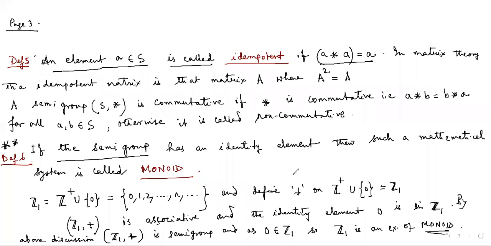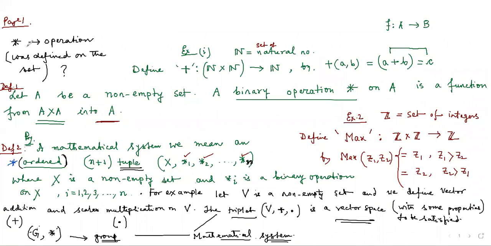So in today's class we have first learned what we mean by binary operation. Yesterday I called this binary relation. Relation, operation and function are to some extent synonymous.